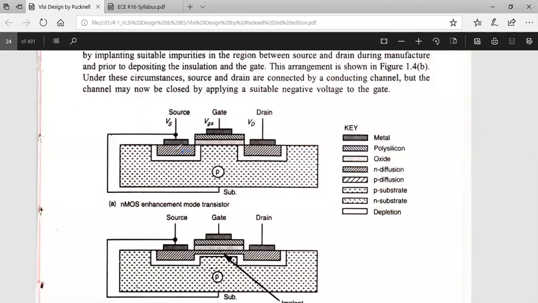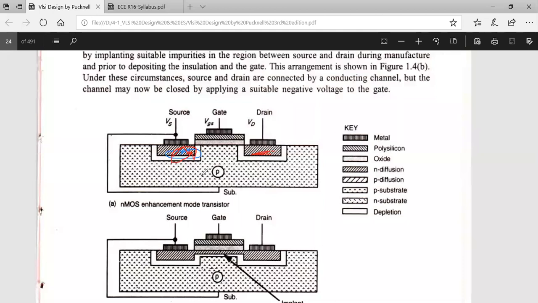See here, I am indicating with the red color: this is N plus and this is also N plus. That means it is highly concentrated. I used to indicate it with N plus and N plus here and here.